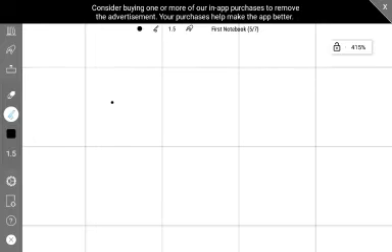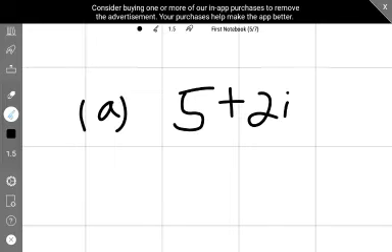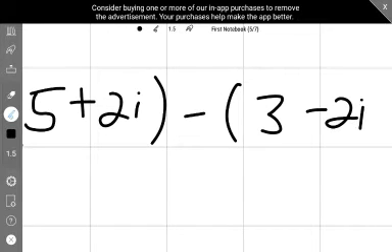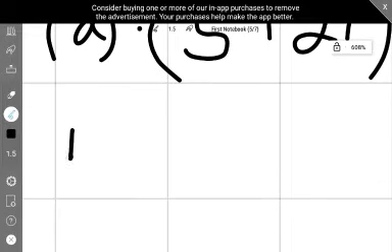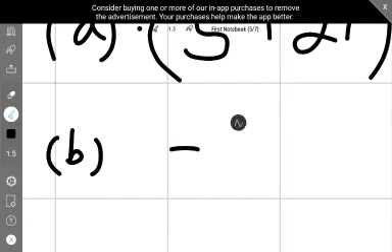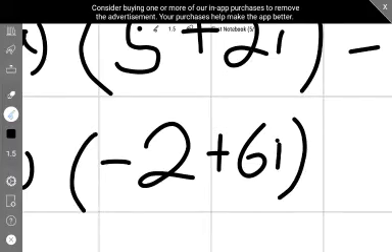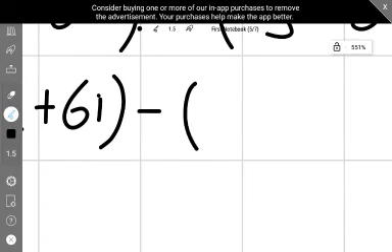I want you to evaluate A, (5 plus 2i) minus (3 minus 2i), and B, (minus 2 plus 6i) minus (3 minus 2i).